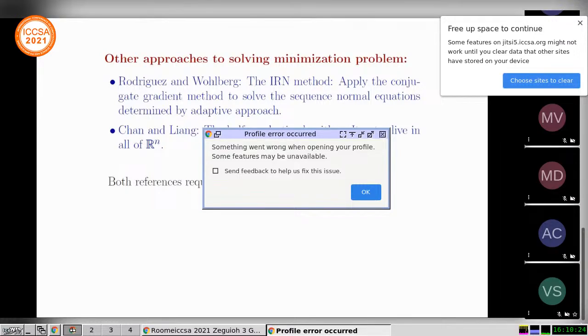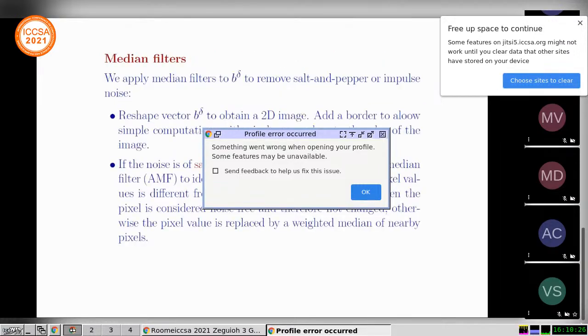Yeah, we can skip that. There are other solution methods for doing this. So the new part here is that we apply median filters. We do this by taking B delta, which is the available noisy representation of my image. And we reshape B delta to get our square image or rectangular image, whatever it might be.